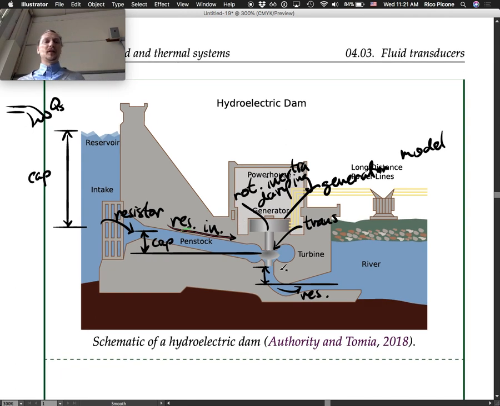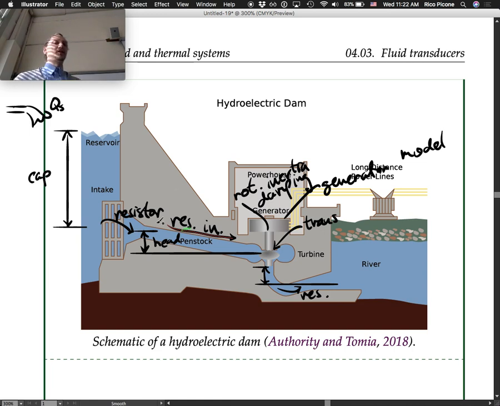Oh, I did want to mention here too. I said capacitor for this, but actually a probably better model instead of a capacitor would be to model it as a, so we often just write head here, a pressure source. Anytime you have a pressure drop like that, that's constant.